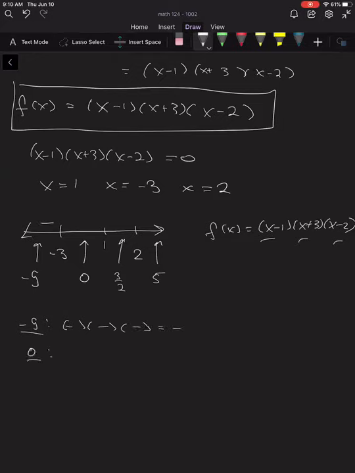If we do the same thing with 0, we get a negative, a positive, and a negative, so that makes positive. Do that same thing with 3 halves. That'll give us a positive, positive, minus, so that gives us negative. And do that same thing with 5. We get all positives.